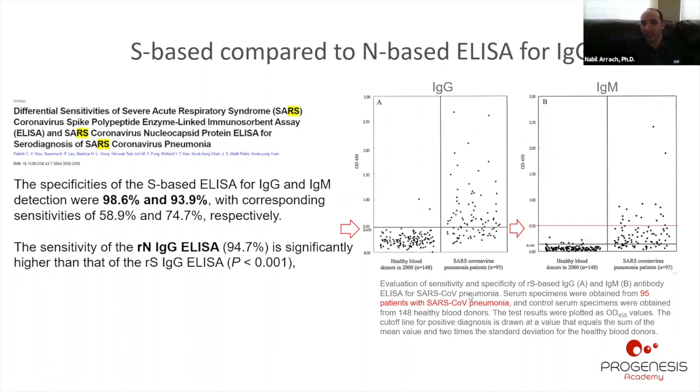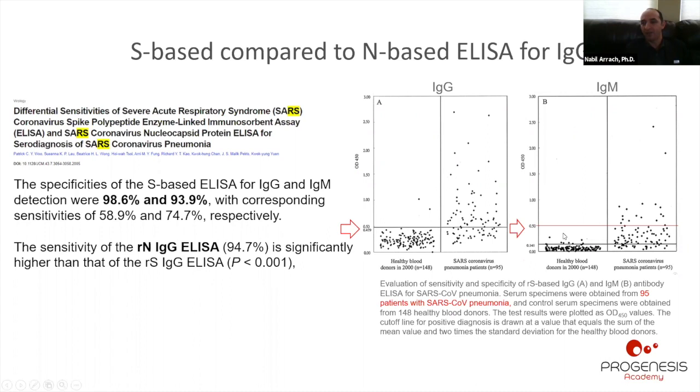So if you look at that line, that is 0.5, that is the OD of the sample. So above 0.5 OD, you see a lot of samples with the IgG coming higher than 0.5. That means the sensitivity is much higher. Most of your samples, if they are positive, you will see them.